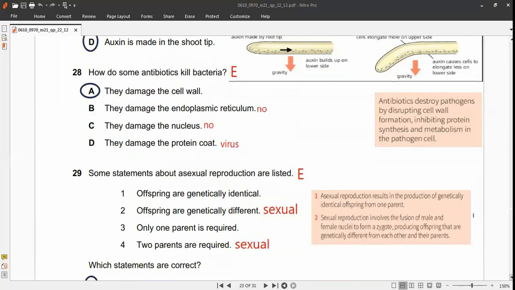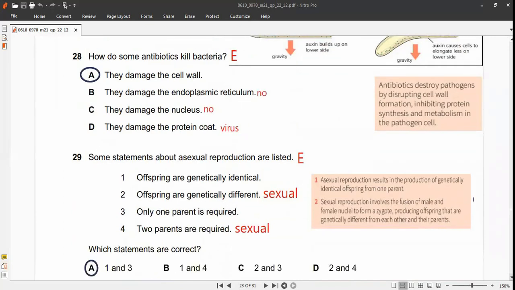Some statements about asexual reproduction are listed. Offspring are genetically identical. Offspring are genetically different. Only one parent is required. Two parents are required. Number one, offspring are genetically identical. Yes, this is for asexual reproduction, because asexual reproduction results in the production of genetically identical offspring.